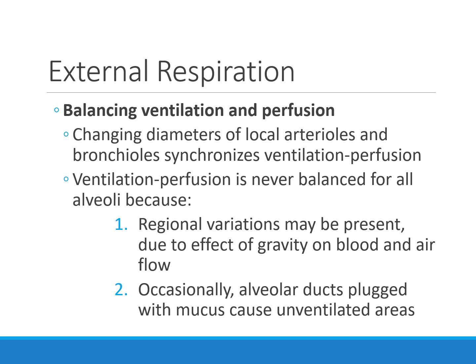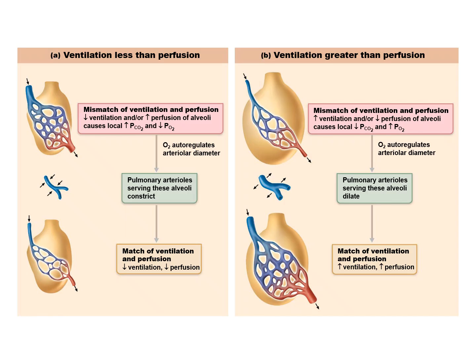Occasionally alveolar ducts are plugged with mucus or they have damage to them and they cause unventilated areas. This slide is showing you ventilation with less perfusion, so you've got less blood, basically less oxygen in the blood, and they show you how the compensation happens for that, and then what happens when the ventilation is greater than the perfusion.